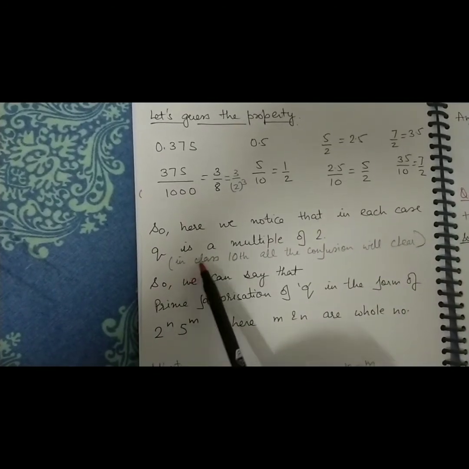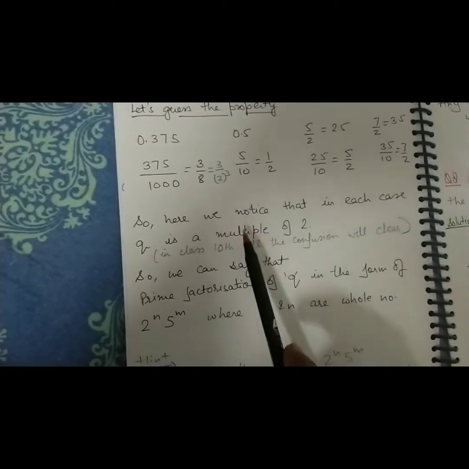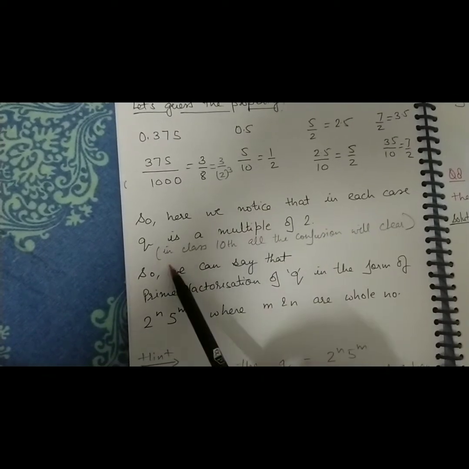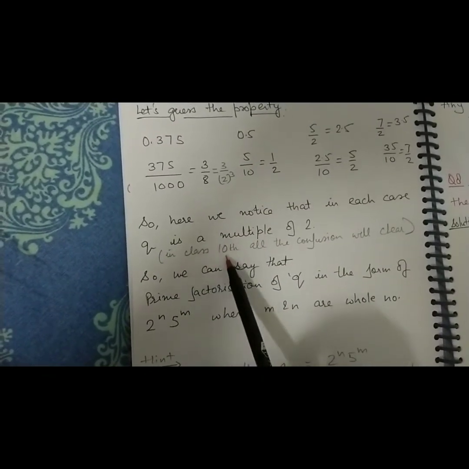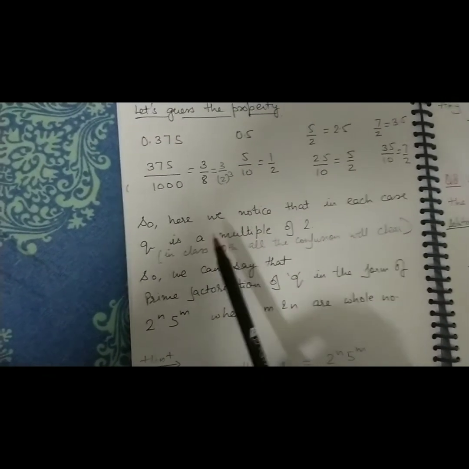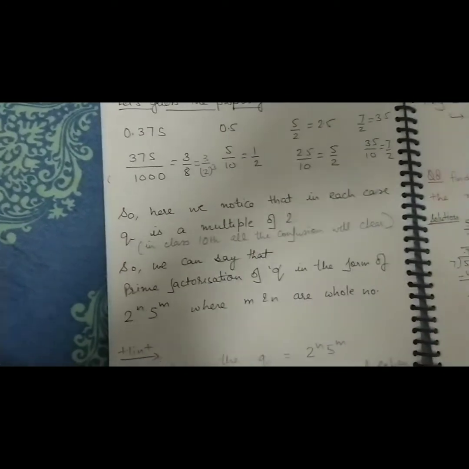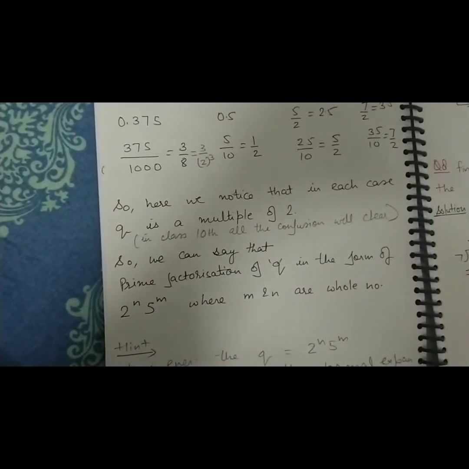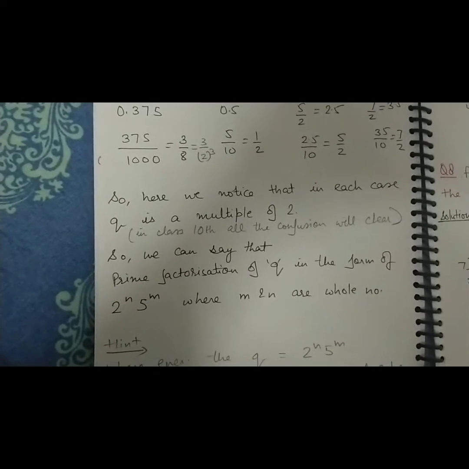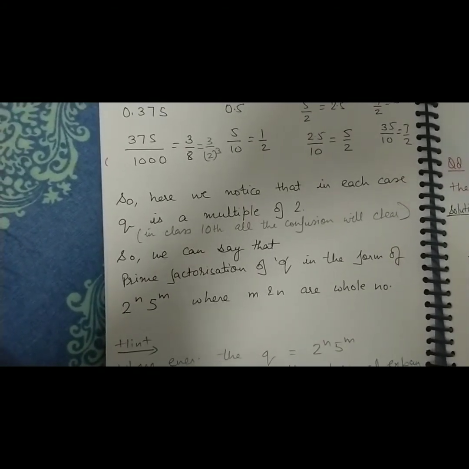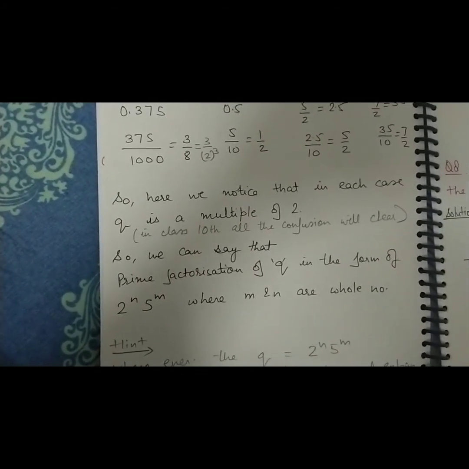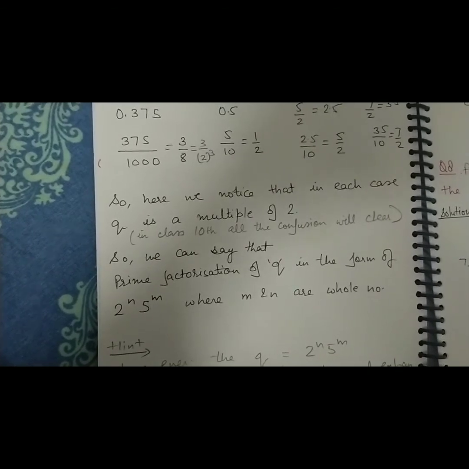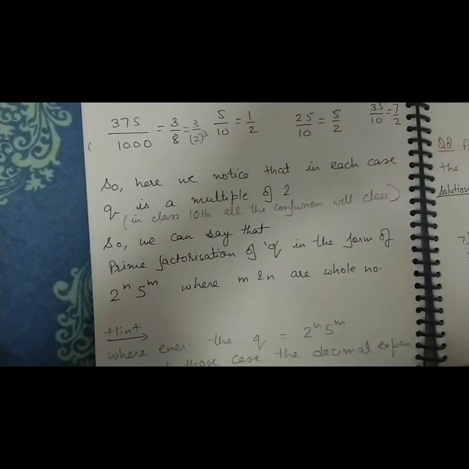All this confusion and all these things will be clear when you will be in class 10th by getting the proofs of decimal expansions. So here we can say that prime factorization of q is in the form of 2 raised to n and 5 raised to m, where m and n are whole numbers.